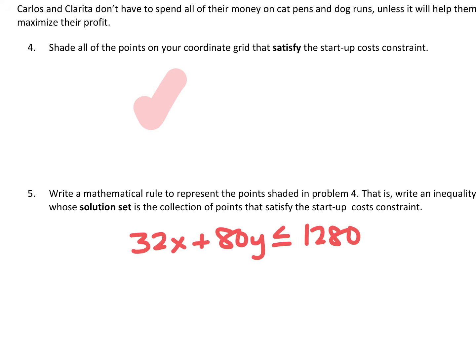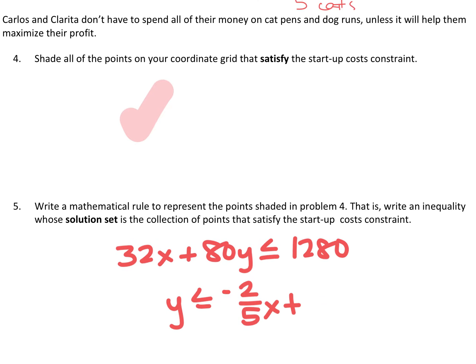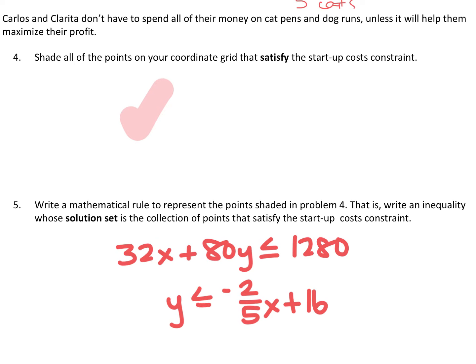And we can do the same thing for the other one. Y is less than or equal to negative 2/5 x plus 16. Okay, so those are inequalities that represent all the answers under the line or equal to it.